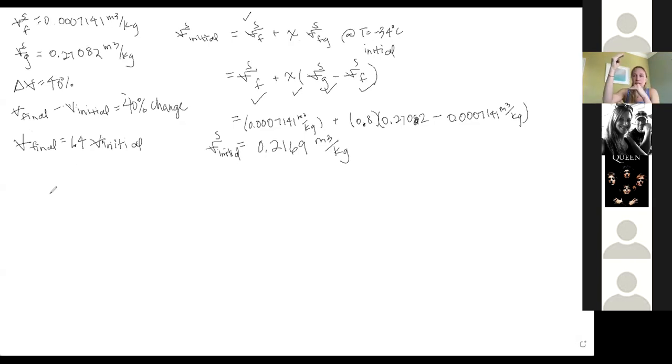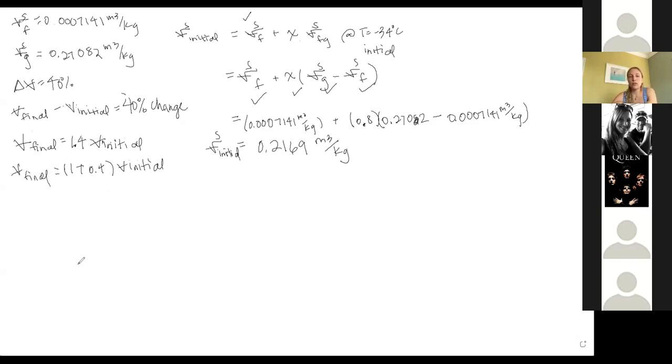And then it's increasing an additional 40%. So 1.4 is the entire value that it was, 1, plus an additional 40%. If we just made this a 0.4, we're actually saying that it's 40% of the initial volume, but it's not. It's the entire initial volume plus a 40% increase. So this is essentially 1 plus 0.4 times our volume initial is equal to our volume final.